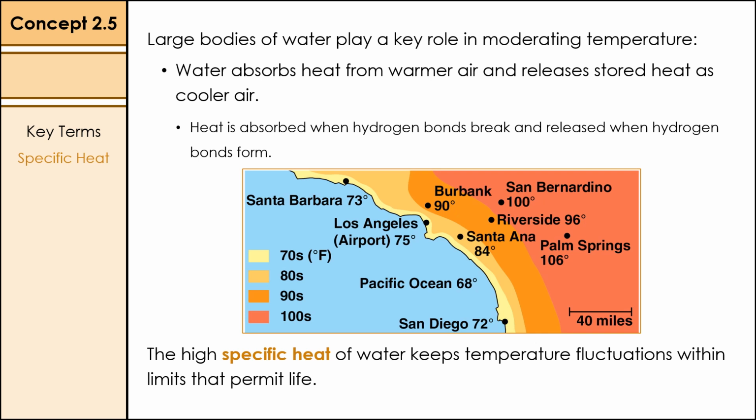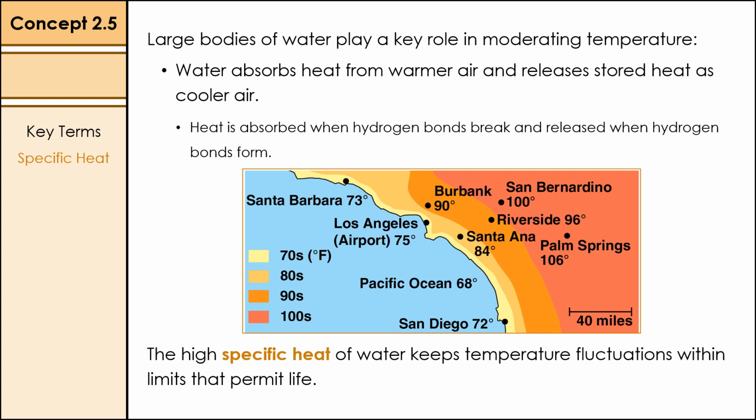And the reason for this is because the heat absorbed by the water breaks those hydrogen bonds and is released when hydrogen bonds form, because bonds work in a little bit of a different way.